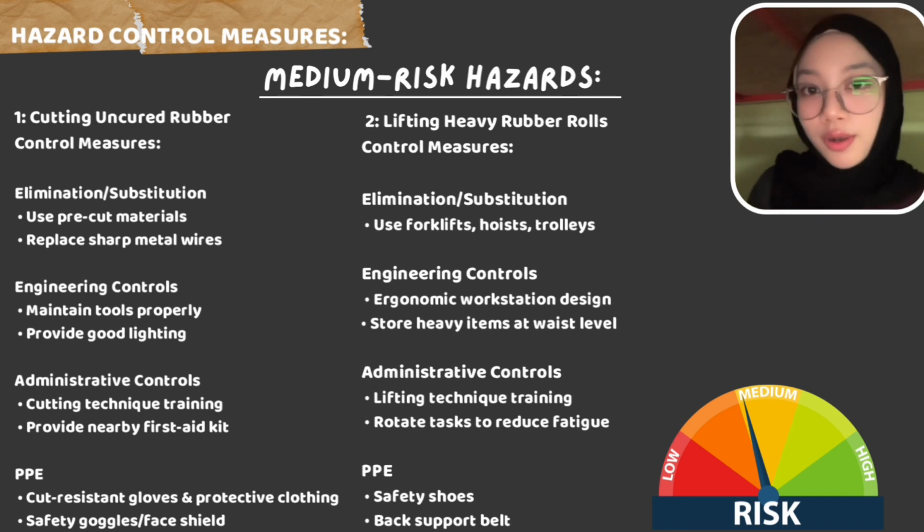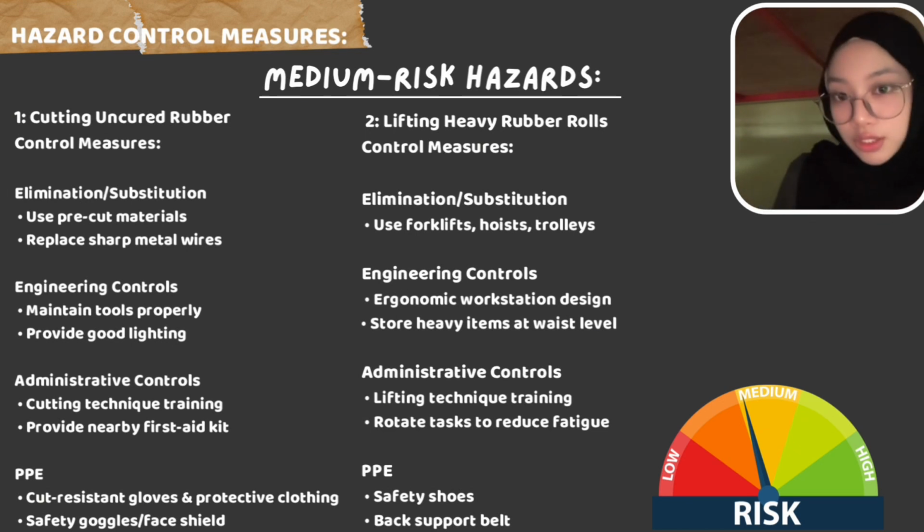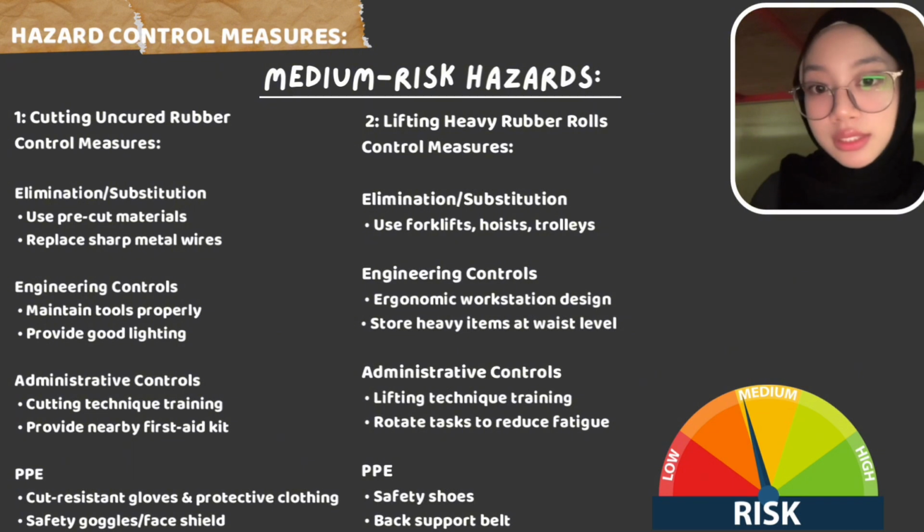And for administrative controls, this includes providing lifting technique training and rotating tasks to reduce worker fatigue. And lastly, for PPE, workers should wear safety shoes and a back support belt to protect their spine and reduce the risk of back injuries.